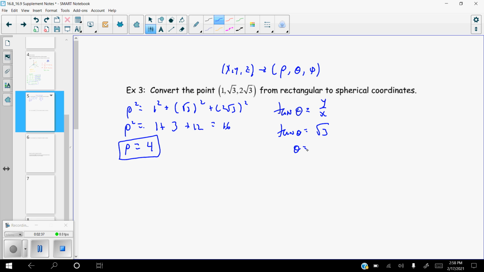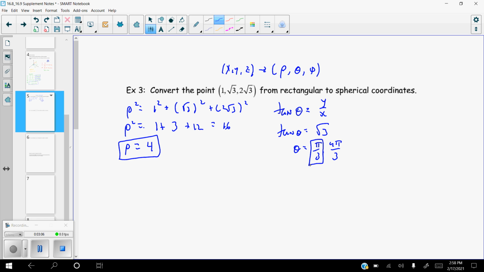And theta is going to be at, let's see, pi thirds for square root of 3, and in the third quadrant, 4 pi thirds. So it's going to be one of those two. Now, looking at our original coordinate, everything's positive. So we're basically in the positive first octant, which means it's going to be pi thirds. So theta here is going to equal pi thirds.